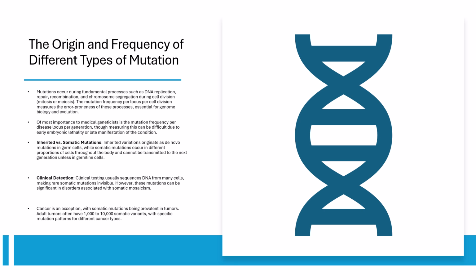We divide mutations into inherited or somatic mutations. Inherited variations originate as de novo mutations in germ cells, while somatic mutations occur in different proportions of cells throughout the body and cannot be transmitted to the next generation unless it is a germline mutation.